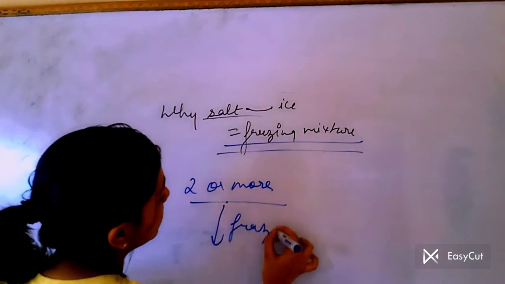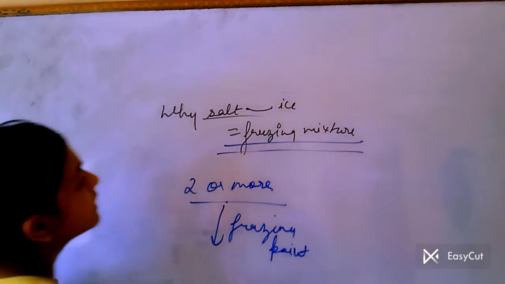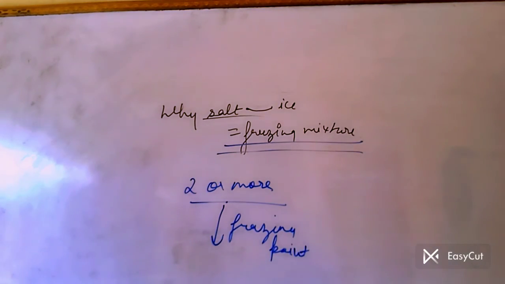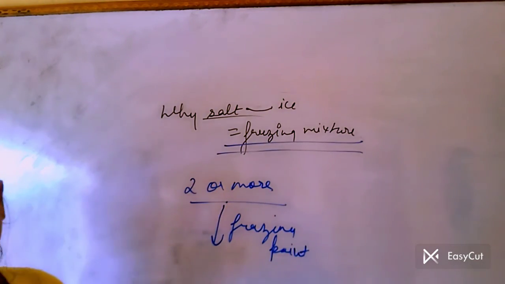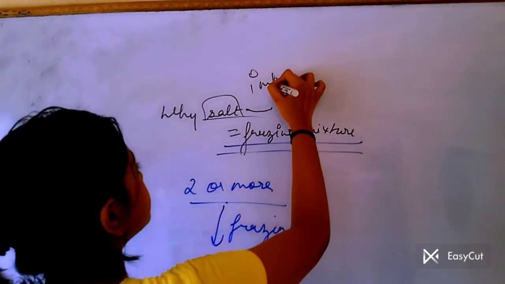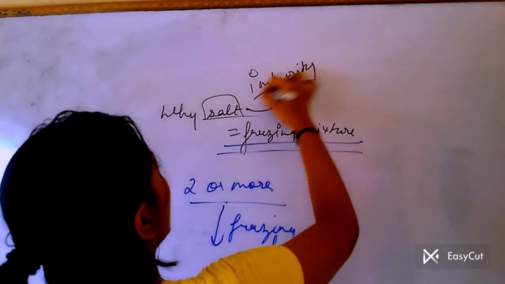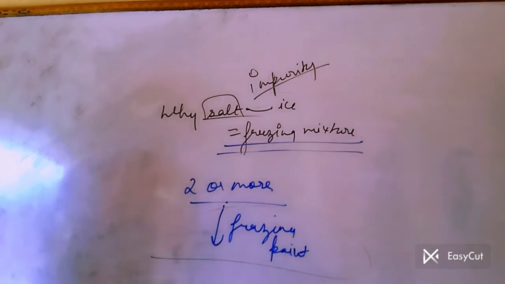So to form the freezing mixture, we add salt to ice. Why? Because this common salt acts as an impurity and is very much suitable for lowering the freezing point. Therefore, it is used as an impurity for lowering the freezing point of what? Of water.